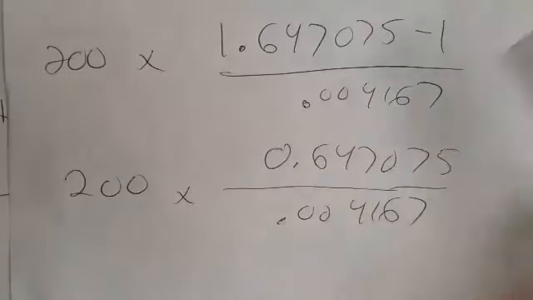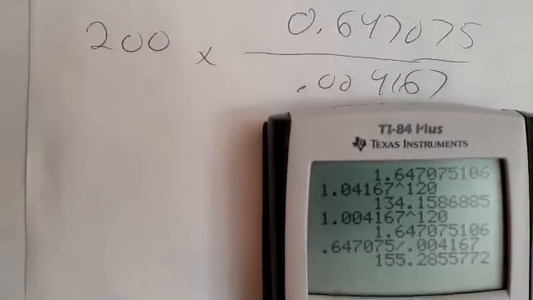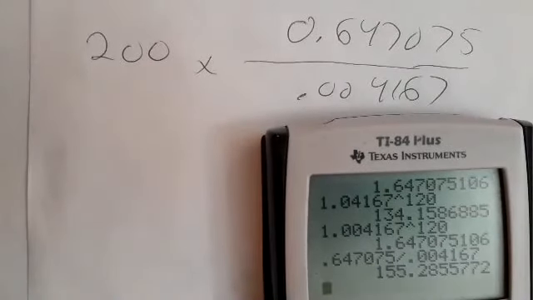And so we subtract 1 from this, it becomes this number. I'm getting something like 155.28 for this thing on the right, this crazy thing on the right.